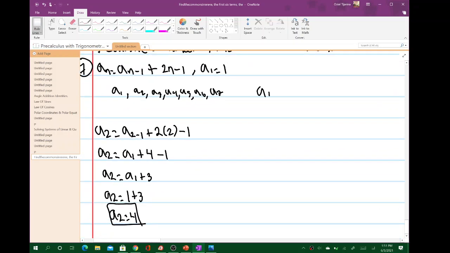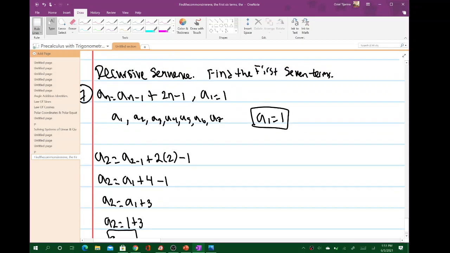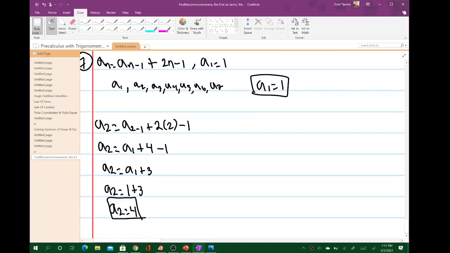So obviously we can see a sub 1 equals 1. That's our first term, so we can kind of box that already because that's what's given to us, and it wants us to find the first 7 terms, right? So then we say a sub 3 is equal to a sub 3 minus 1 plus 2 times 3 minus 1.